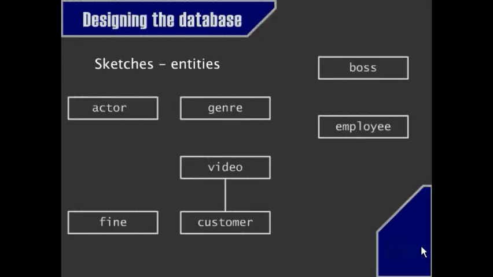Videos need to be linked to customers. We'll start sketching in the relationships here, and this will often help us notice as we hit problems and have to restructure our entities. One customer can have many videos out, so we use a one-to-many relationship there between videos and customers.